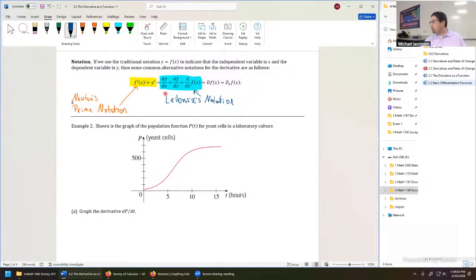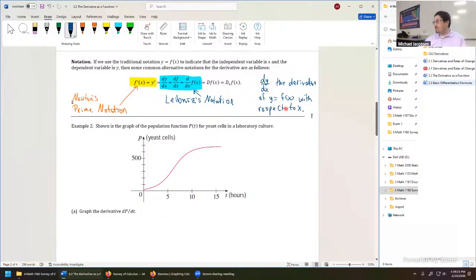So dy over dx is the derivative of y equals f at x with respect to x.